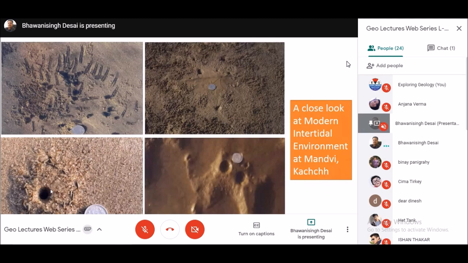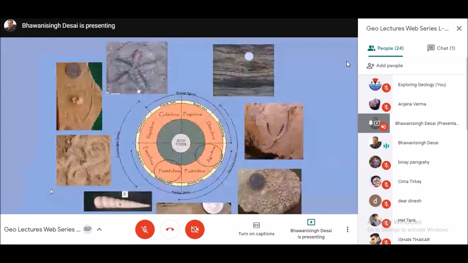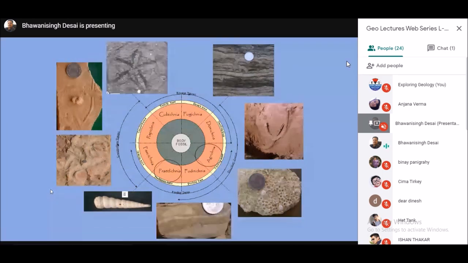Next, I will just introduce what it is. Trace fossils do indicate different behavior. Now we ichnologists have categorized behavior into about 8 categories. One is resting trace, another is escape trace, dwelling trace, and feeding. There are 2 kinds of feeding.